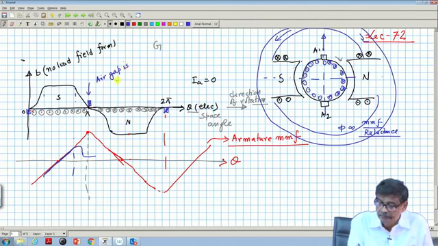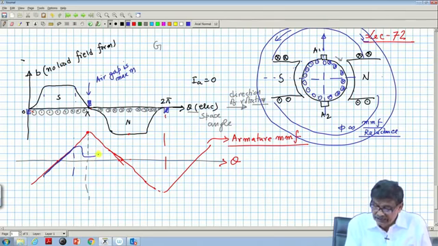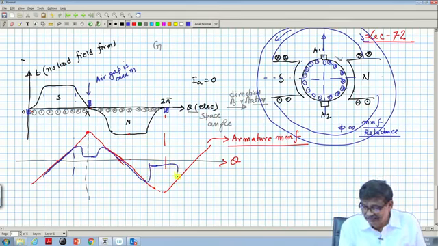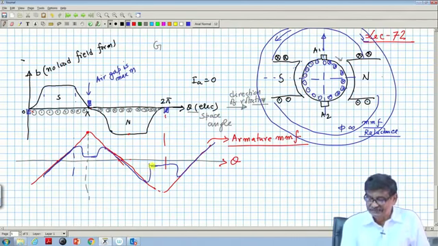During this zone, the air gap is minimum and almost uniform. Then it will be like this, then once again something like this here, and it will be somewhat like this.